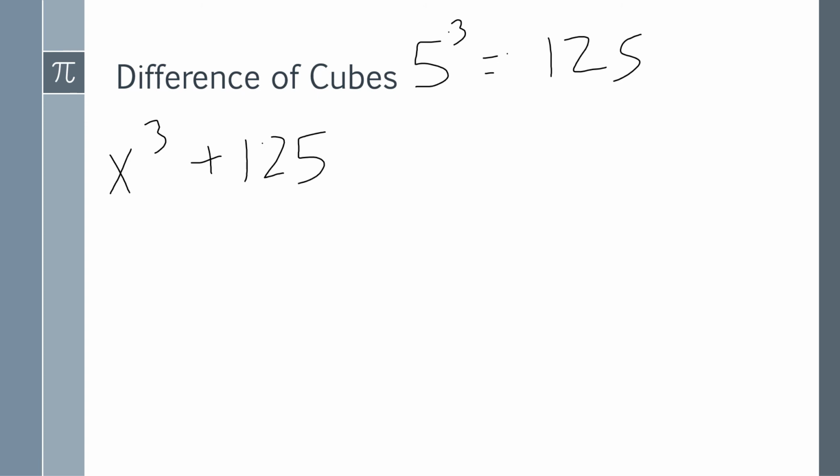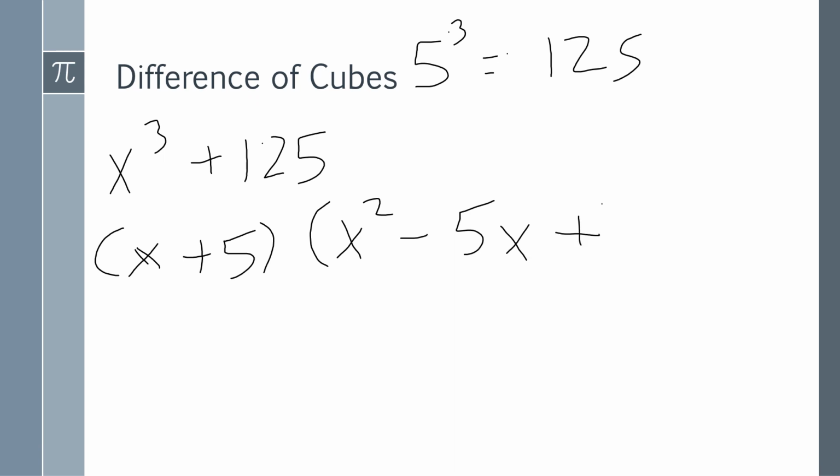To write this, well, actually, that's the sum of cubes. But I'll do this one. So it's going to be x plus 5 times x squared minus 5x plus 25. That's how you write it.